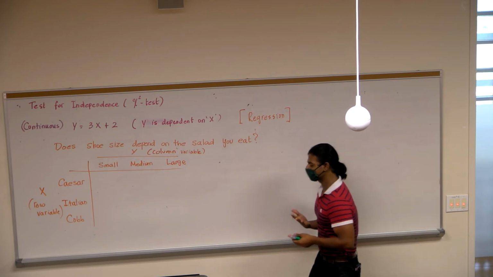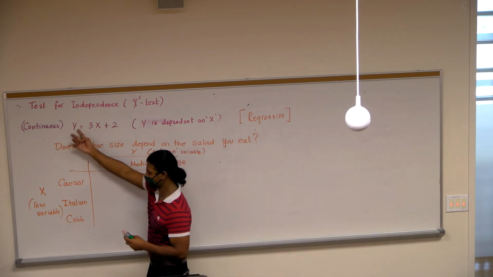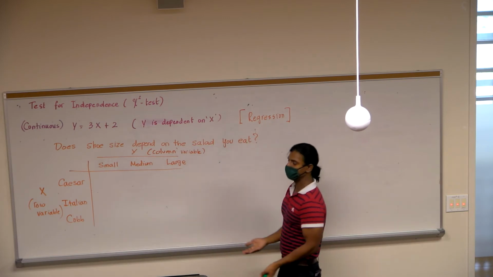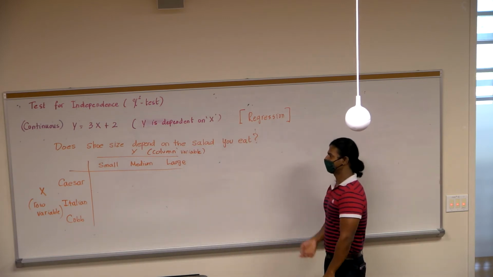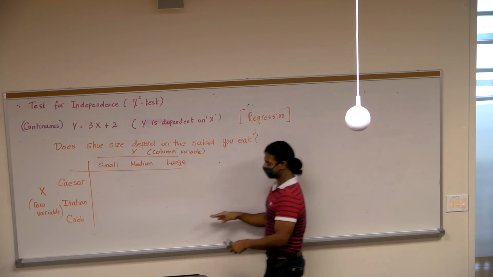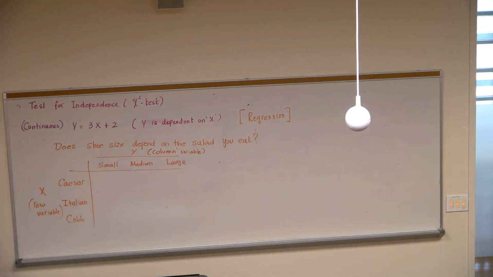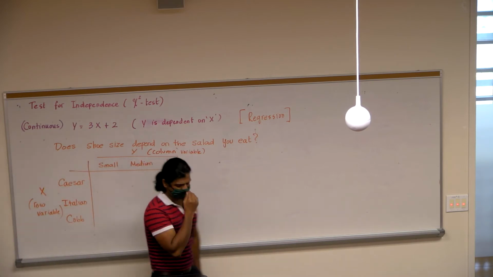In statistics, if we want to establish a connection between y and x, we collect the data and we perform a test. So, we are going to collect observations, even in this case, and determine if there is a connection between shoe size and the salad that you eat.